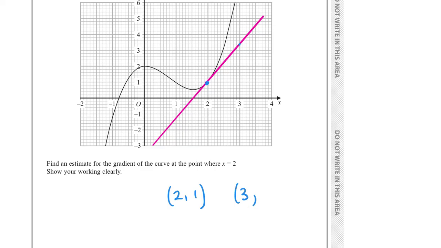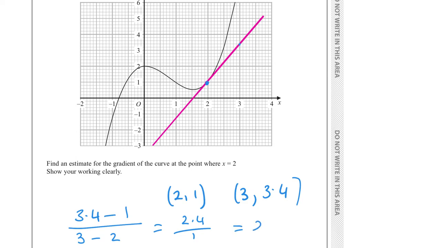And what do we get here? 3.4. Okay, how do we find the gradient? y2 minus y1 over x2 minus x1. So I'm going to get 2.4 over 1. So what's my gradient? 2.4.